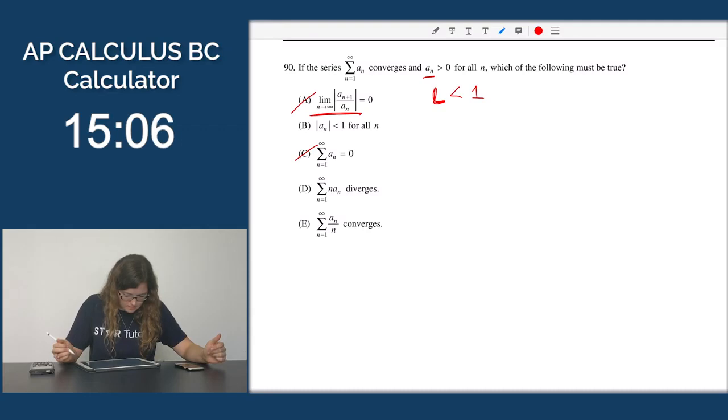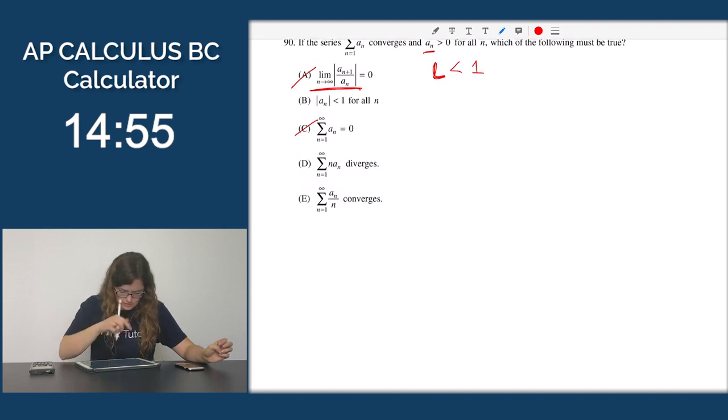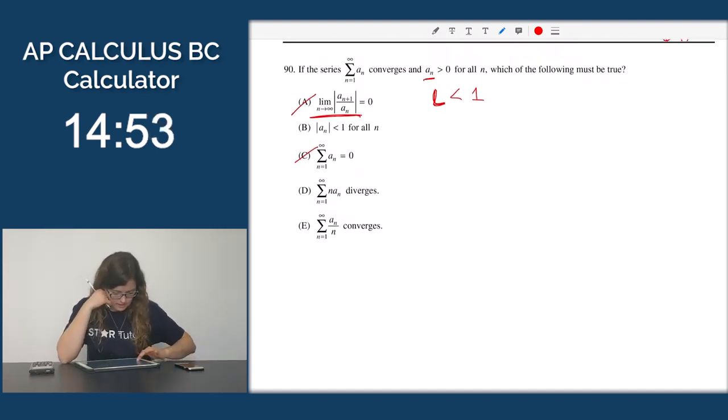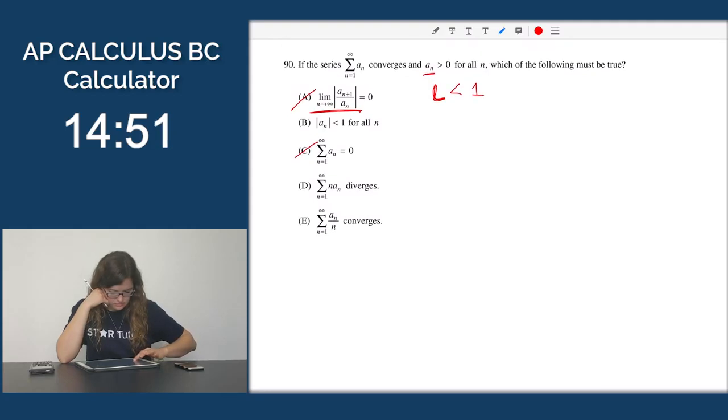D, n times a sub n diverges. E, a sub n over, whoa, okay. Interesting.